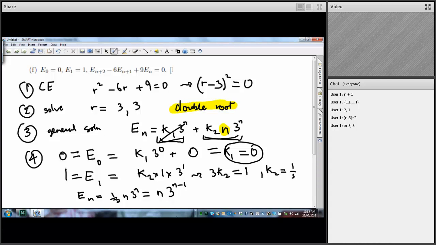The other initial condition we've got is 1 is equal to e_1. That's equal to k1, something which we've already realized doesn't count anymore. So it's equal to k2 times 1 times 3^1. And so we can see that 3 k2 is equal to 1, or k2 is a third.